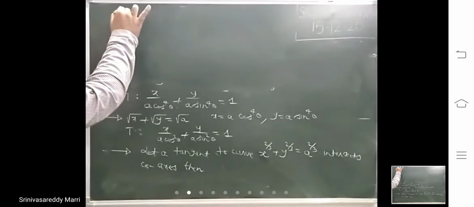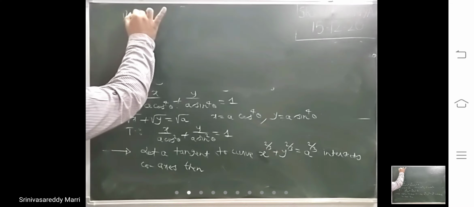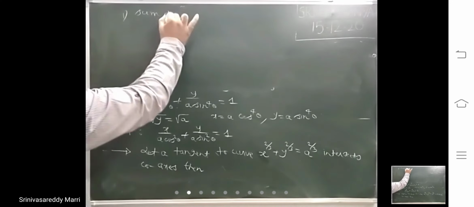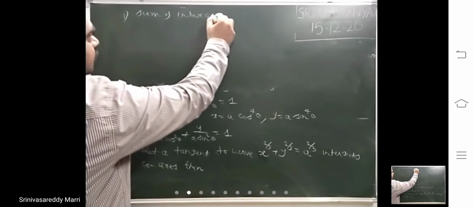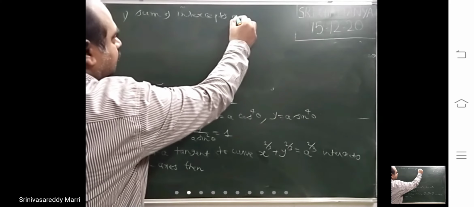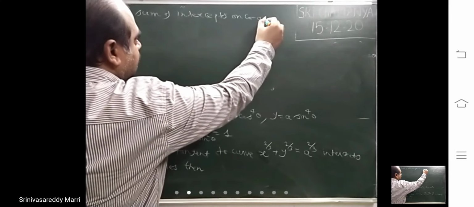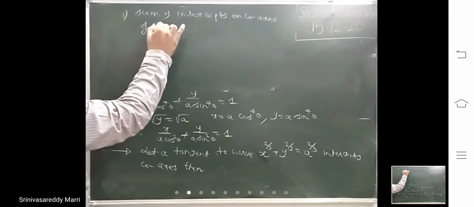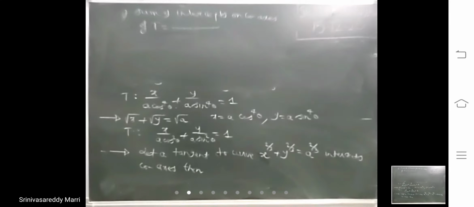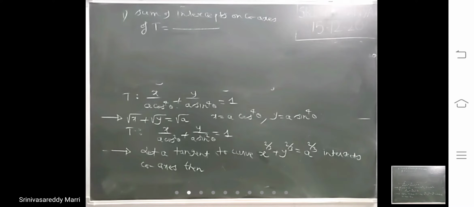Number one, sum of intercepts on coordinate axis of tangent is dash.